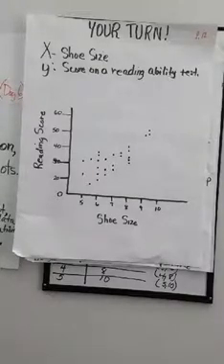A statistical relationship happens when an increase in one variable, X, results in an increase in another, Y. So that would be a positive relationship.